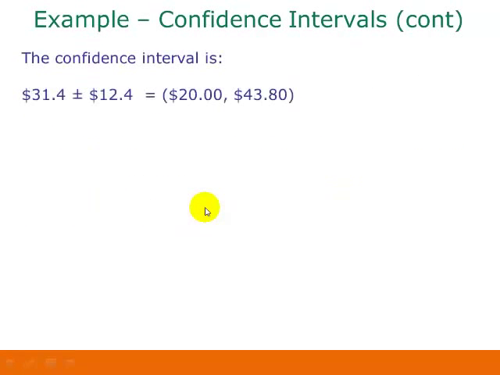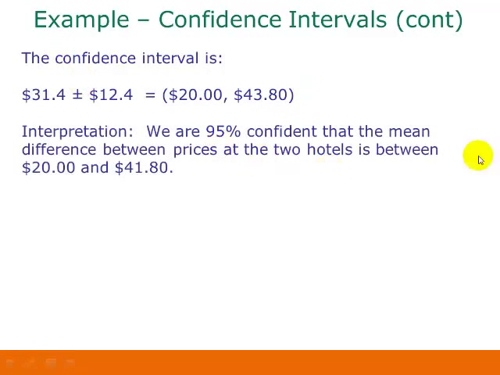So our confidence interval actually is $31.40 plus or minus $12.40, which gives us a lower limit of $20 and an upper limit of $43.80. Our interpretation would be we are 95% confident that the mean difference between prices at the two hotels is between $20 and $41.80.